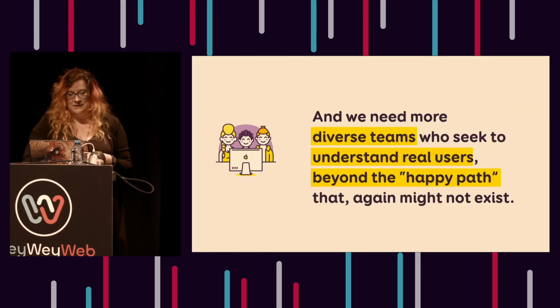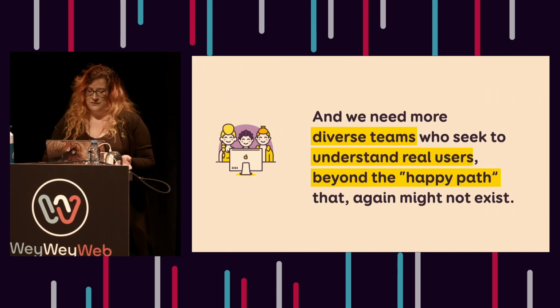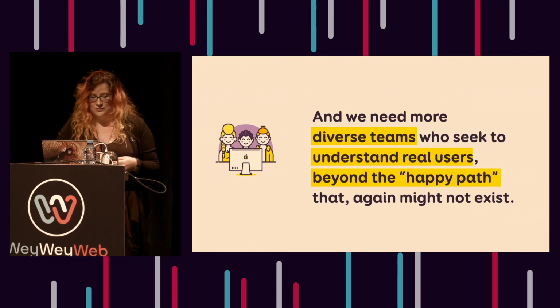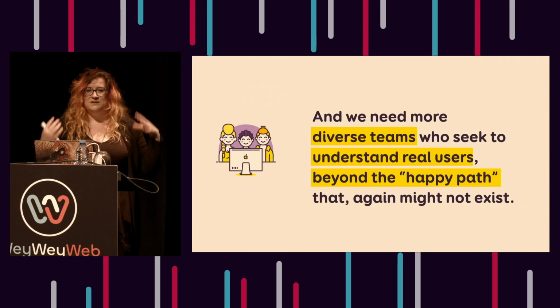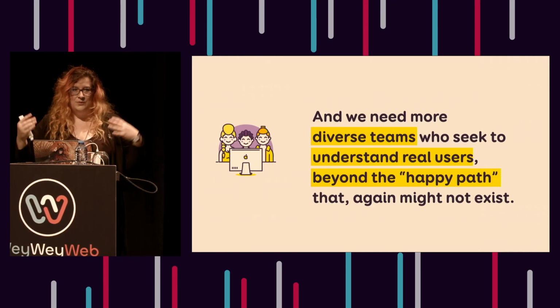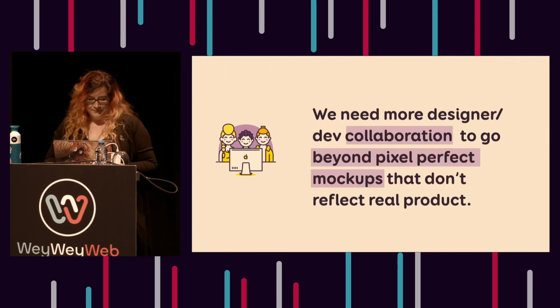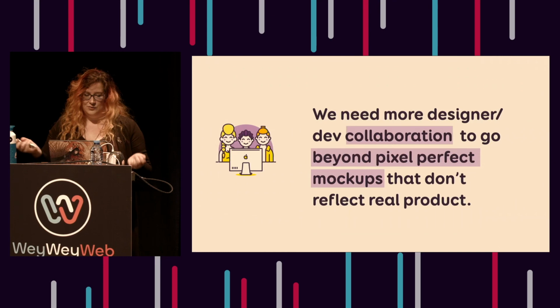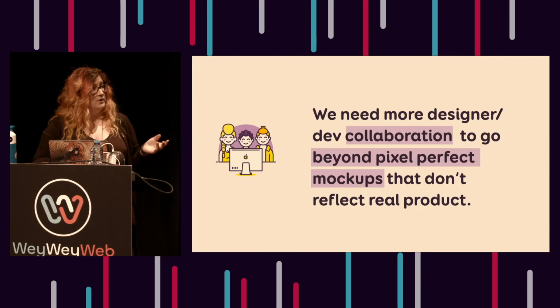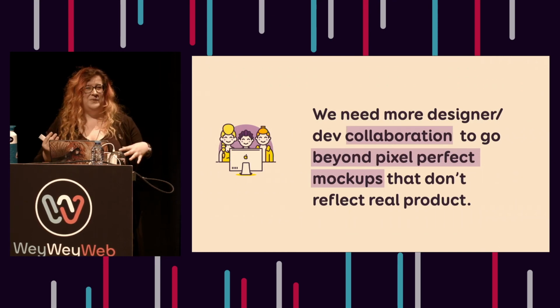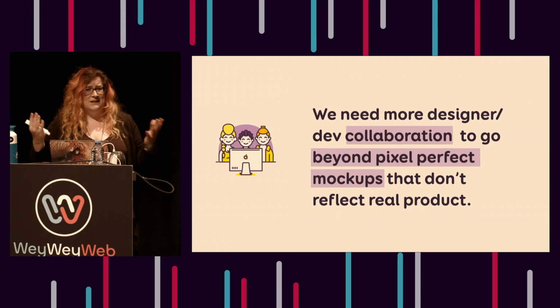Okay, the conclusion is we need more diverse teams who seek to understand real users beyond this happy path. There's a lot of things you can do on the technological side with CSS, JavaScript, all of that, but it's also a lot about understanding the users. And we need more designer and developer collaboration so that we can go beyond this pixel-perfect mockup mentality that we still have.